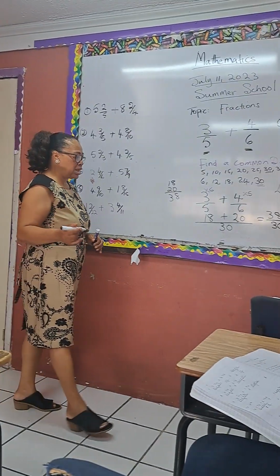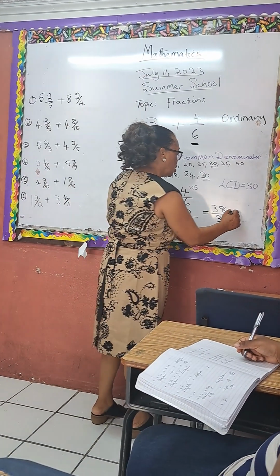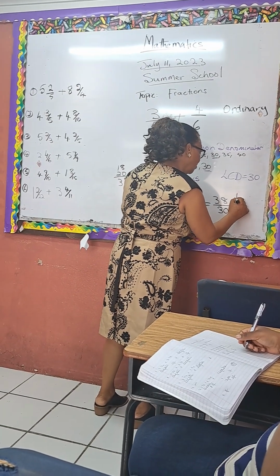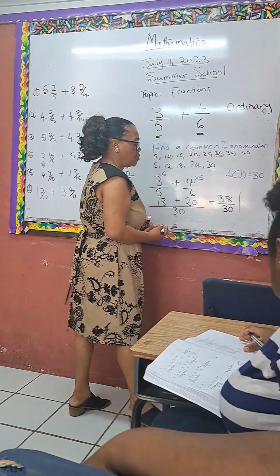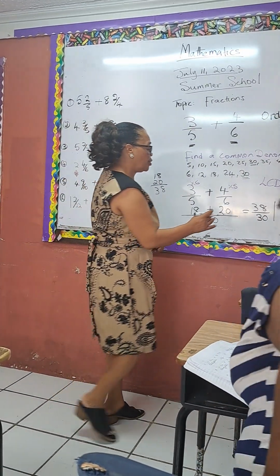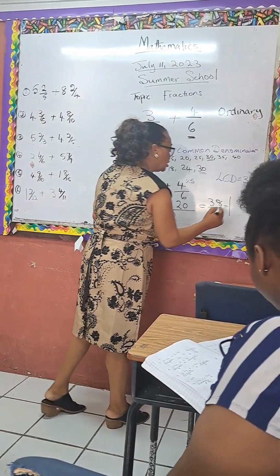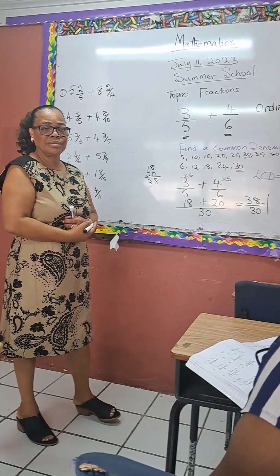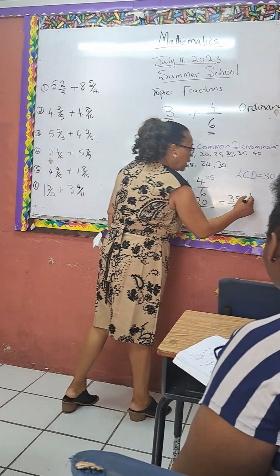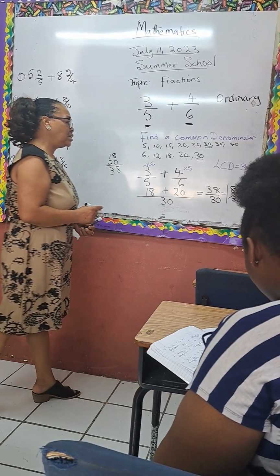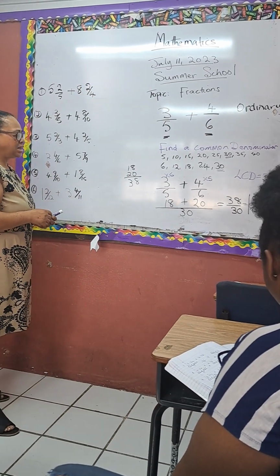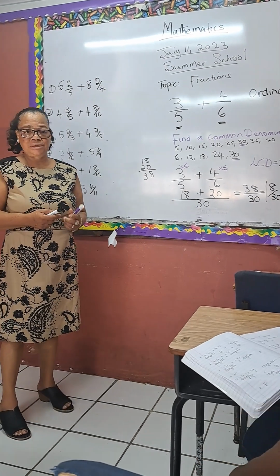One time. I can get 30 out of 38 one time, and I made this one big because my answer is now going to be a mixed fraction, a mixed number. 38 divided by 30 equals 1, and what's my remainder? 8. And I am left with 8 over 30. So my answer is 1 and 8 over 30.